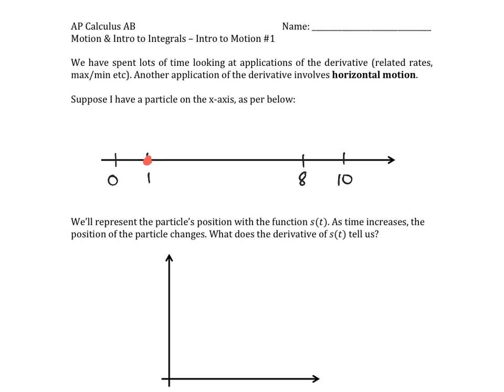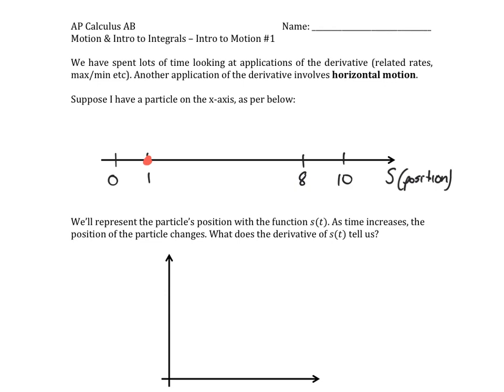What I have here on the x-axis is the particle's position that we'll denote with the letter S. S represents the position of the particle. A particle is somewhere on this horizontal axis, and over time, this is particle motion.